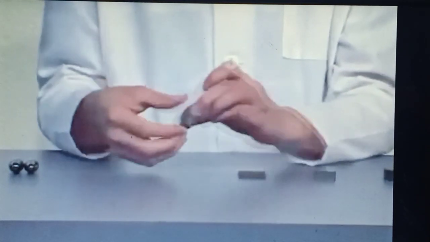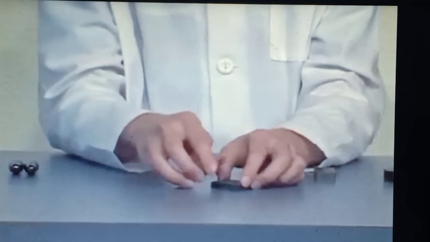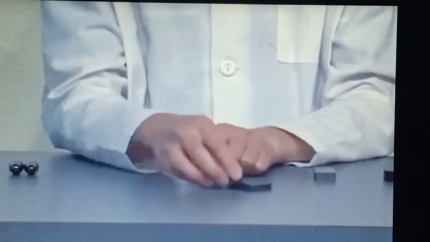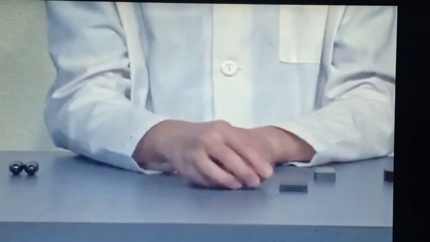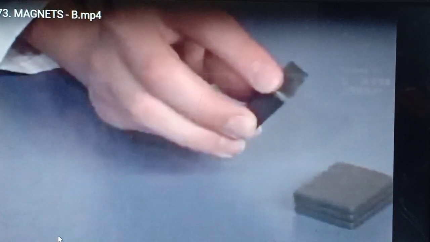I'll put these together, and this will be heavier. This is another kind of magnet.